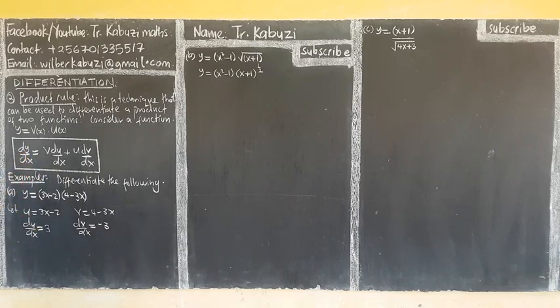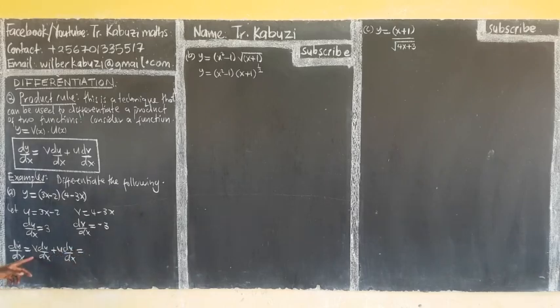So we need dy/dx. Our dy/dx is the same as v du/dx plus u dv/dx.